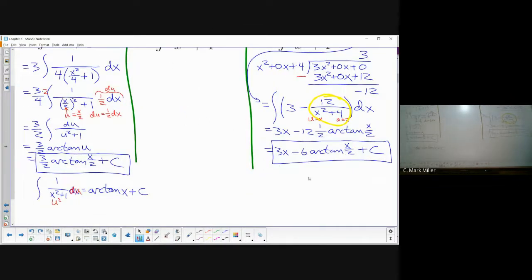All right. So these two would not have been my choice for the easier ones because they involve that arctan stuff.